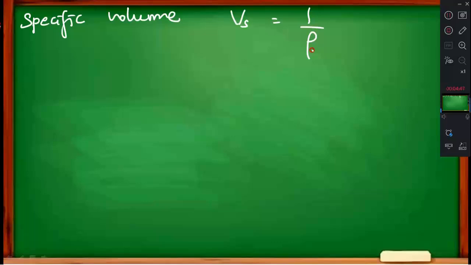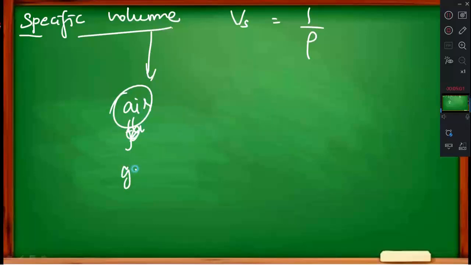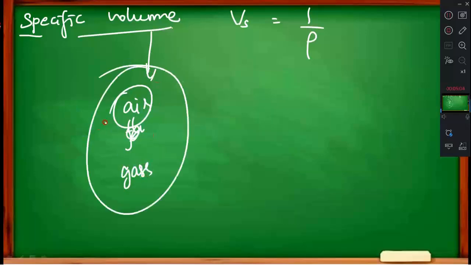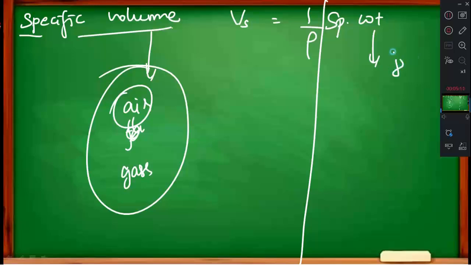This specific volume term most often we will use for air or gas measurement in fluids. And we have specific weight, gamma, that we will use for liquids. That is the difference between that and this. Specific volume is 1 by rho.